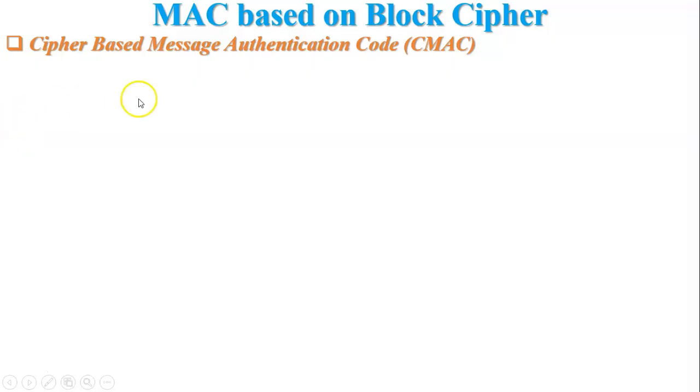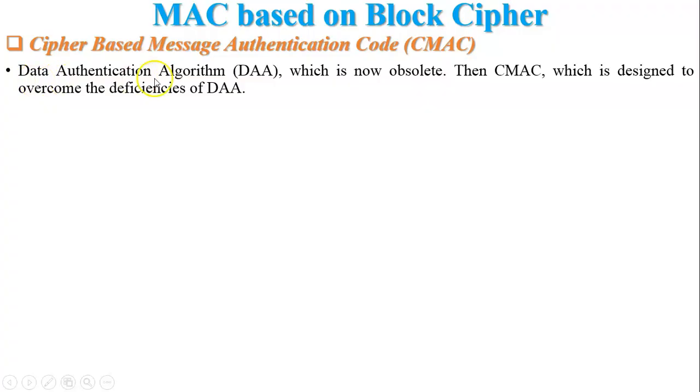The next method is cipher based message authentication code. There are drawbacks of the last method, DAA, so to overcome them a new method is applied: cipher based message authentication code. The data authentication algorithm is now obsolete, so it is not used nowadays.